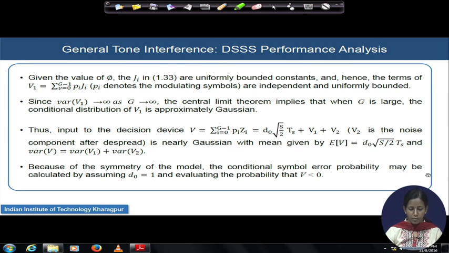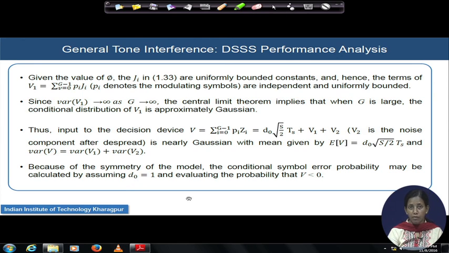error probability computation. As we understand that there is a symmetry in the model, the conditional error probability may be calculated by assuming d0 equal to 1. Whatever conditional probability we end up with for d0 equal to 1 will hold also for d0 equal to minus 1. We will evaluate the probability that V is less than 0, because that is the situation in which you will get an error given the transmitted data was 1.